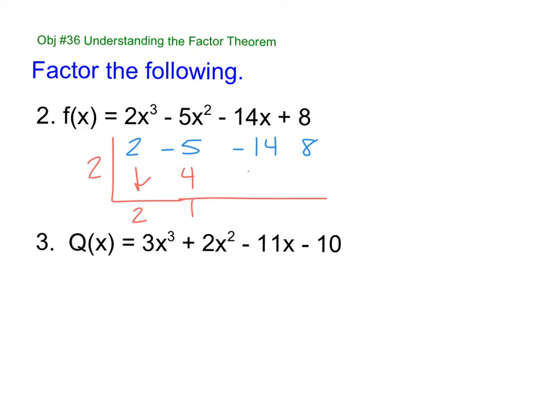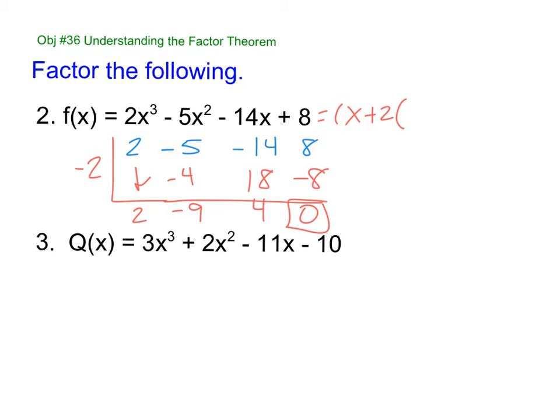Four, 1, 2, negative 12. Nope. Let's try negative 2. Negative 4, negative 9, 18, 4, negative 8. Got it. So we get x plus 2, and then 2x squared minus 9x plus 4.